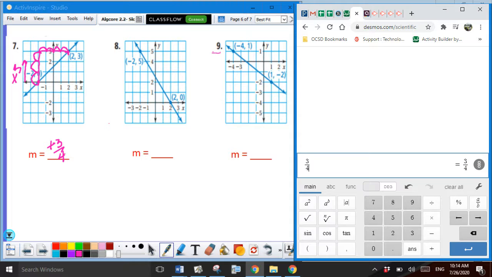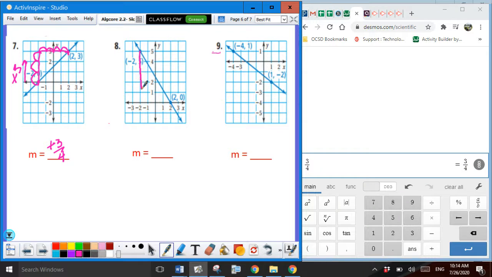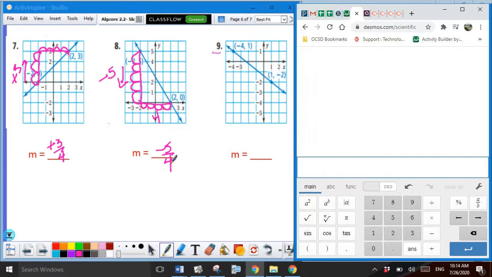That one is fine. Okay, here's my slope triangle. 1, 2, 3, 4, 5. And notice it's going down, so that's negative. 1, 2, 3, 4. Negative 5 over 4. Is that one going to change? Negative 5 divided by 4. Doesn't change.